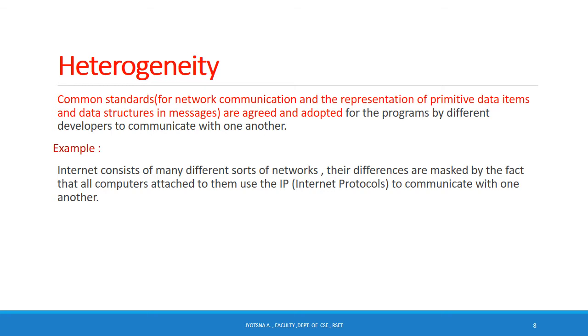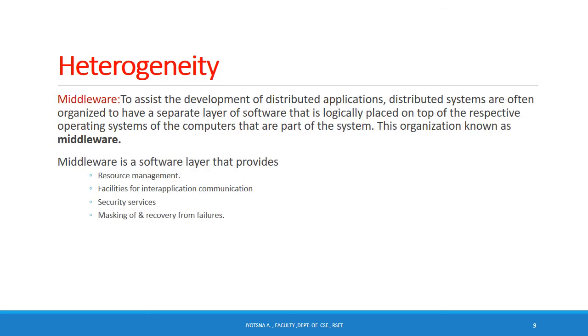For example, the Internet consists of many different sorts of networks. Their differences are masked by the fact that all computers attached to them use the IP to communicate with one another. Mainly in distributed systems, the middleware layer is responsible for masking the heterogeneity of the system.